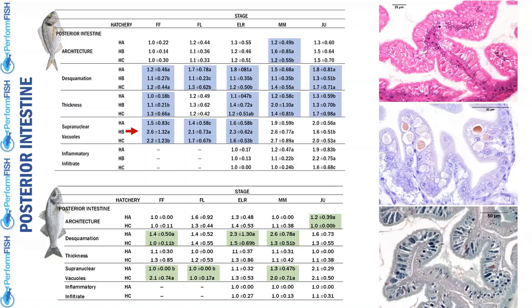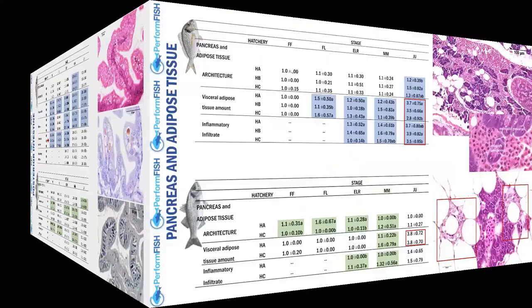So this aspect, for the first stages, first feeding and flexion, could be used as a healthy histological indicator, in our opinion, of course.